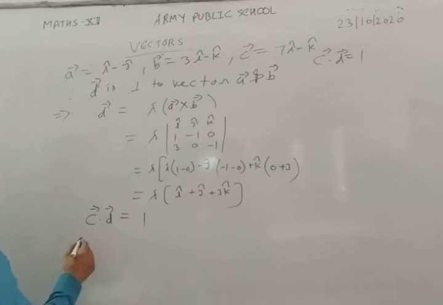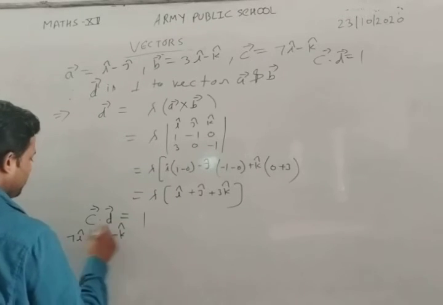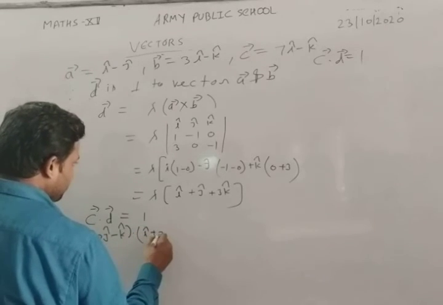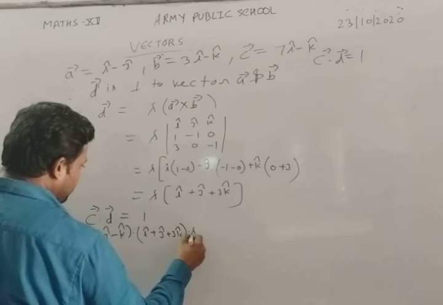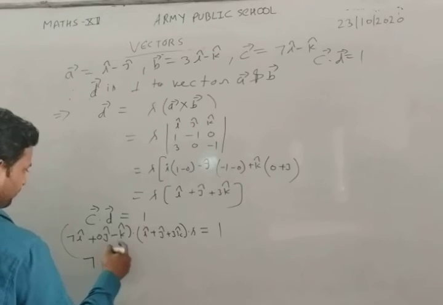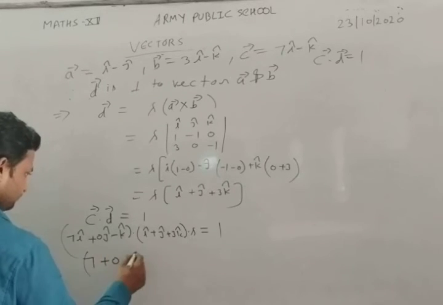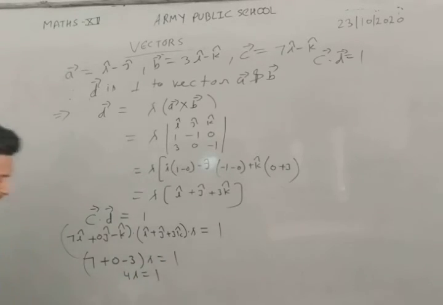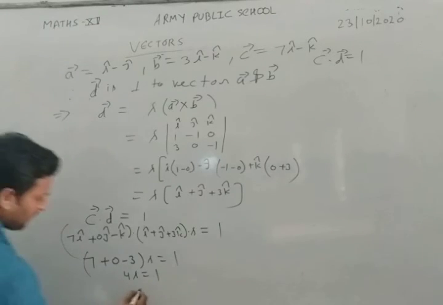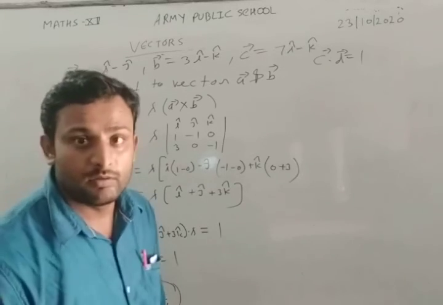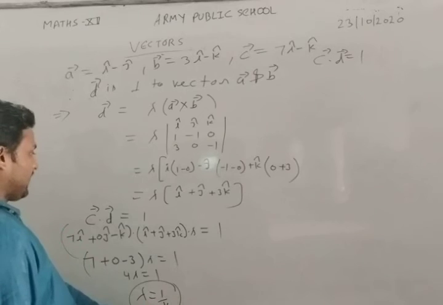Our vector C is 7i plus 0j minus k, and this is i plus j plus 3k into lambda is 1. Multiply this, we get 7 plus 0 minus 3, lambda is 1. So here 4 lambda is 1. So lambda is equal to 1 by 4. We are getting our lambda is 1 by 4.